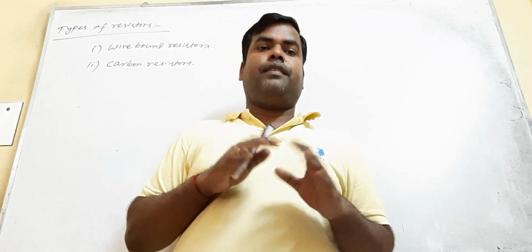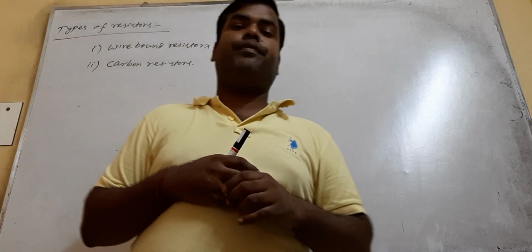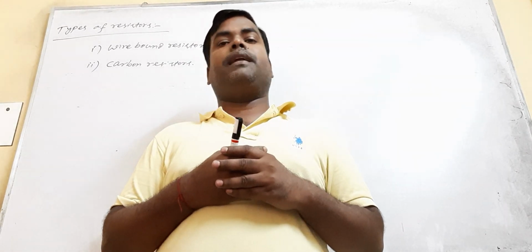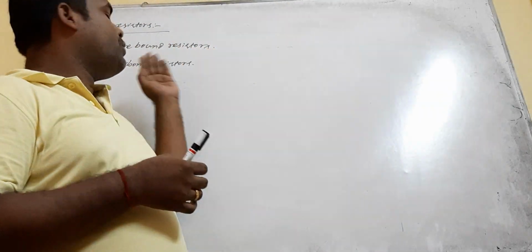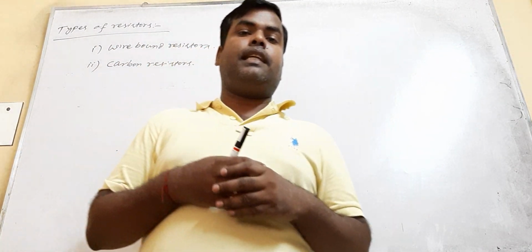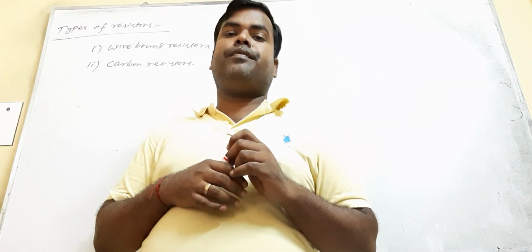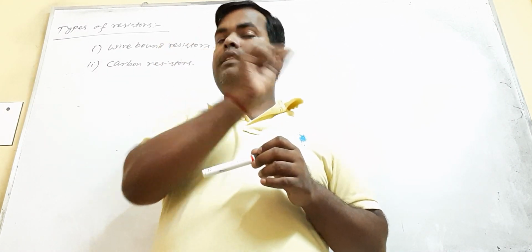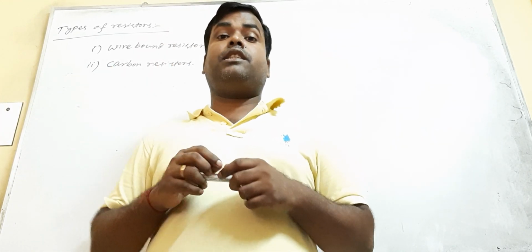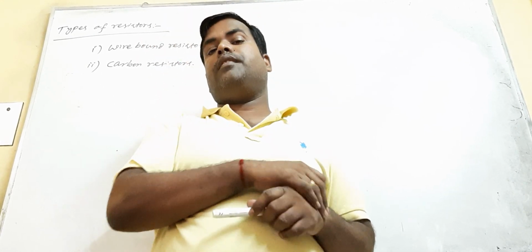Its size is large. Now come to the carbon resistor. To get a high value of resistance, we use carbon. By using carbon, we can get resistance of higher value, and it is very small in size. You may have seen carbon resistors used in electronic circuits.